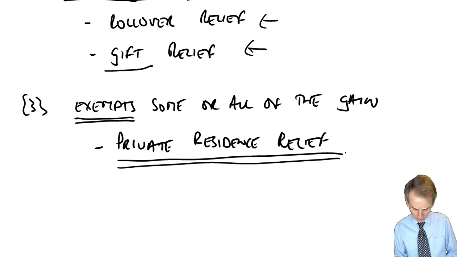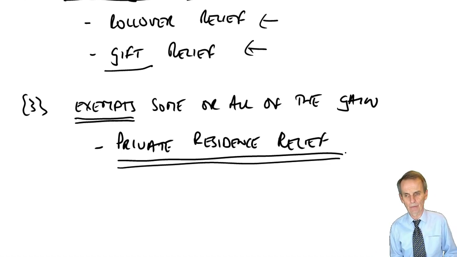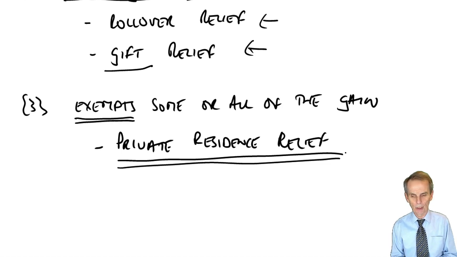Now, look, it doesn't say private residence exemption, it says private residence relief. So most disposals of private residences where the owner has lived in that property, then those gains will be fully, 100% private residence relief will be available, which is as good as saying it is exempt.